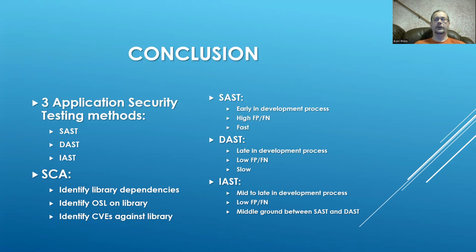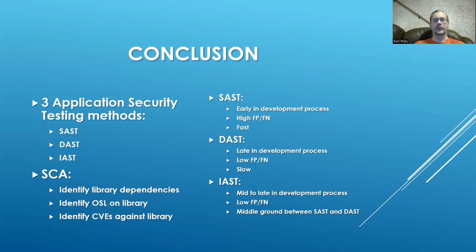For SAST, we covered that it is better utilized early in the development process, but it unfortunately typically has a high rate of false positives and false negatives, but it is relatively fast compared to the other two testing methods.